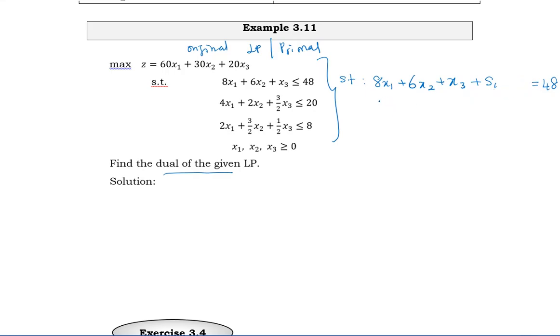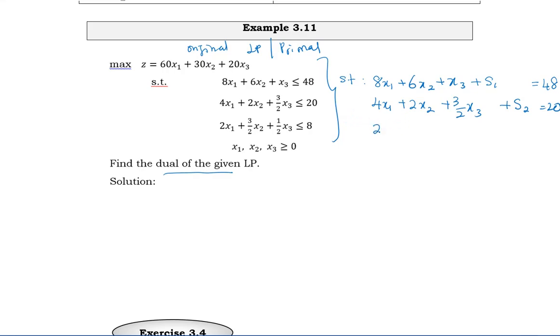Second constraint, 4x1 plus 2x2 plus 3/2 x3, also plus slack s2 equals 20.